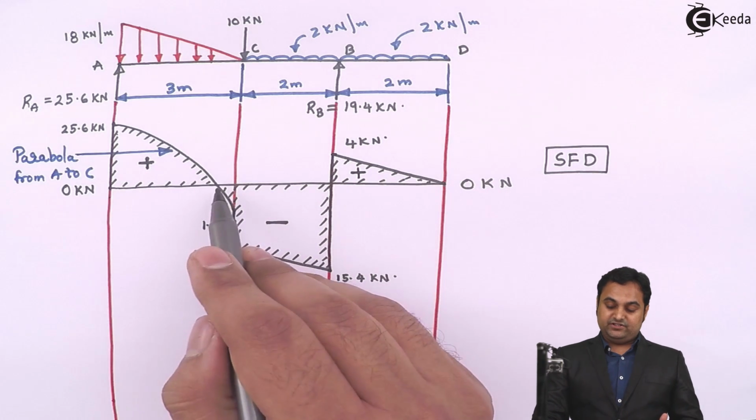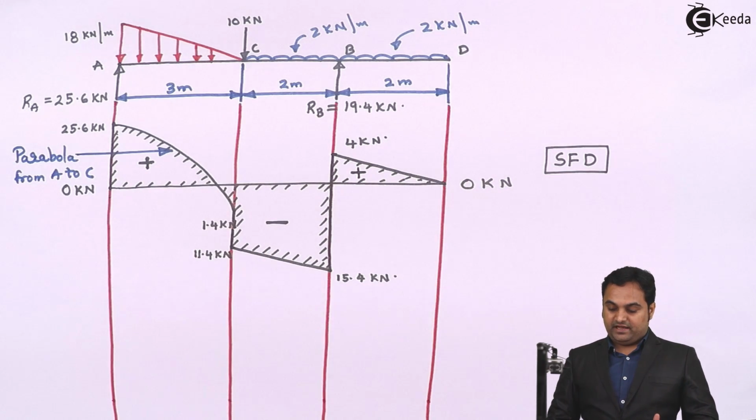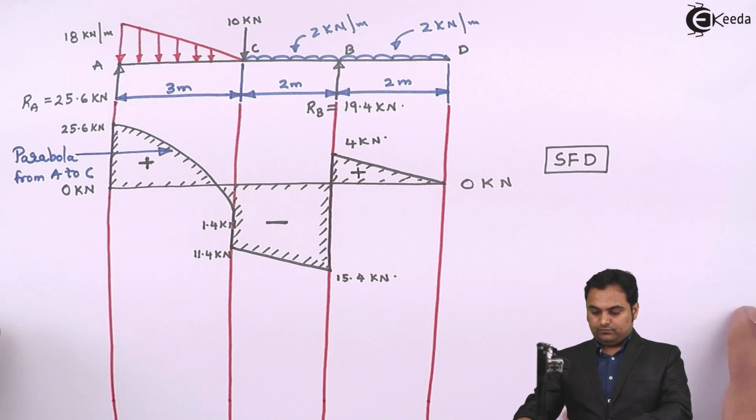Where this SF is 0, the bending moment will have maximum value. So going on to step number 3.